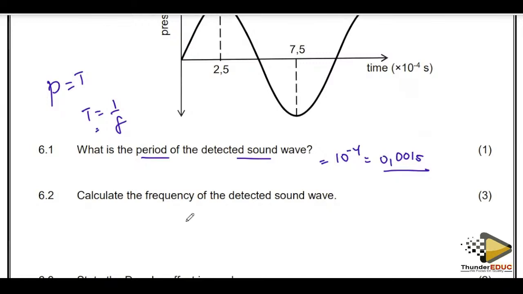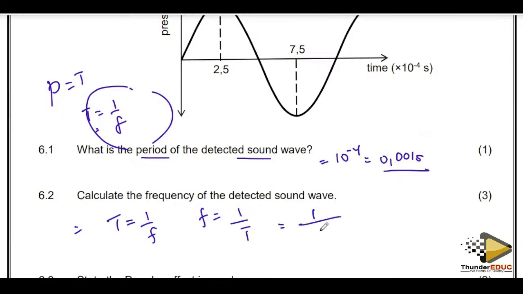Okay, and then they want us to determine the frequency. From this formula, where we said period is 1 over f, the frequency must be 1 over T. So that's going to be 1 over 0,0001 seconds.